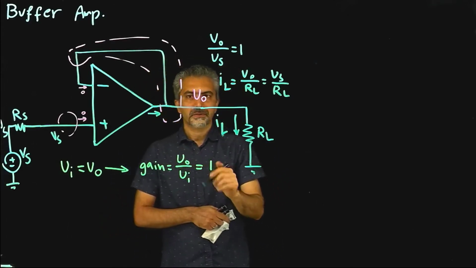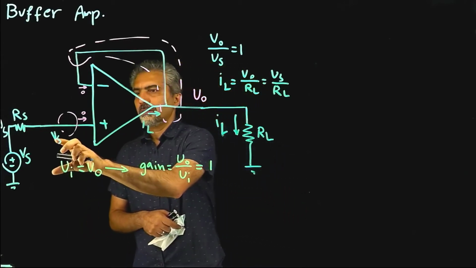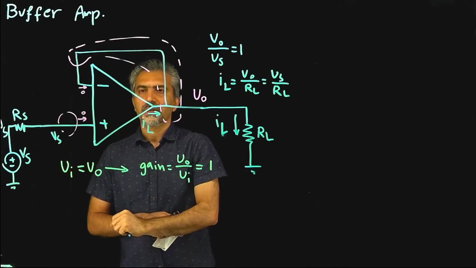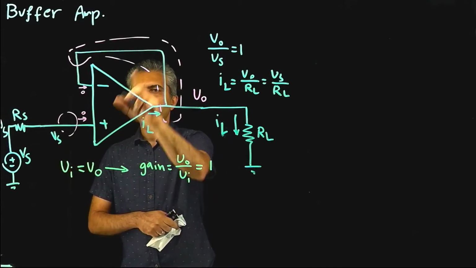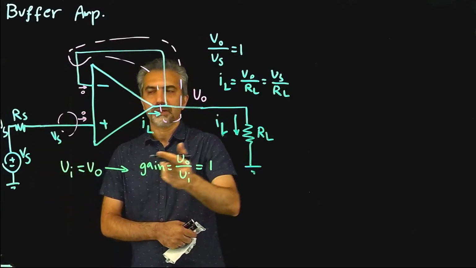Before I get to that, let's assume that we don't know what the functionality of a unity gain op amp is and just remove it, because these 2 voltages seem to be the same, and see what happens.